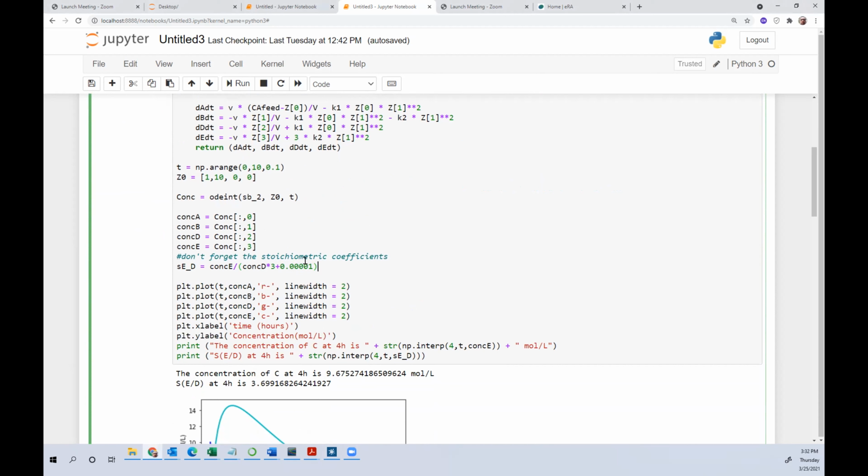Where's my pen? I should do that. So in the problem, it should be B goes to 3E. So for every D that is formed, you form 3E. That's the relationship between the two.